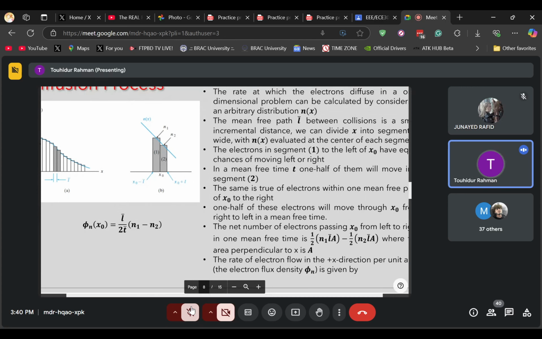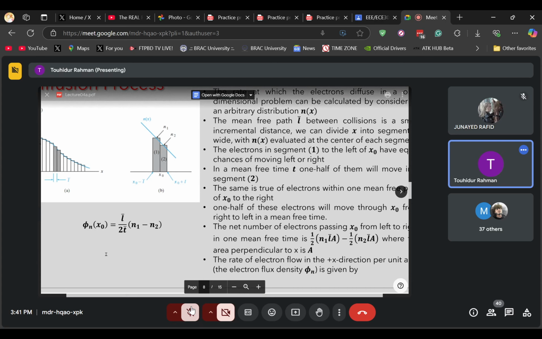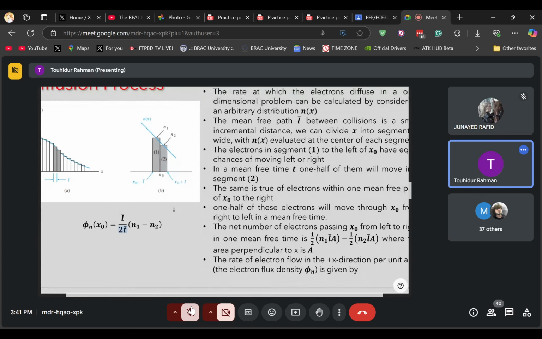The flow of particles will depend on the difference of concentration. And half of the concentration from section 1 can go to section 2, or half can move to the left. The same thing will happen for section 2 also. So if we combine them together, this is our net particle flow.